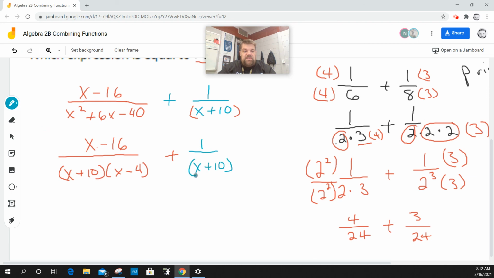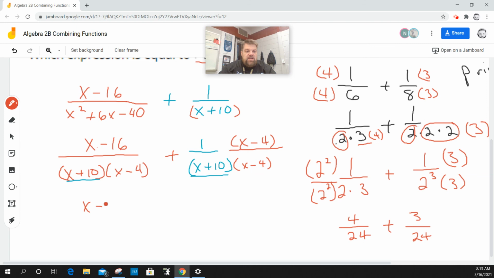Now, what you notice is I have this over here and I have this over here, but what's missing is my x minus 4. And whatever I do to the bottom, I've got to do to the top. In other words, I'm multiplying this fraction by x minus 4 over x minus 4. Okay? So now I've got to push that through.